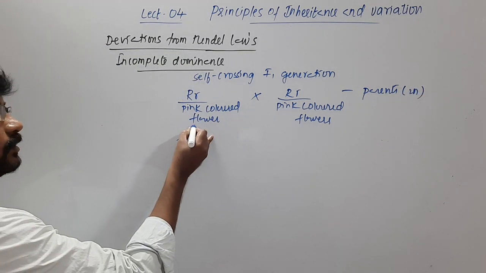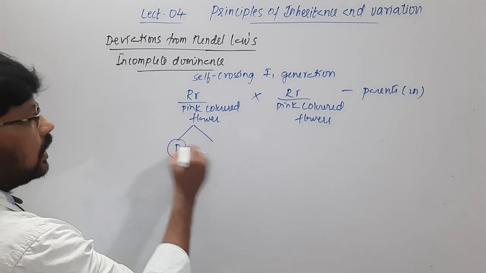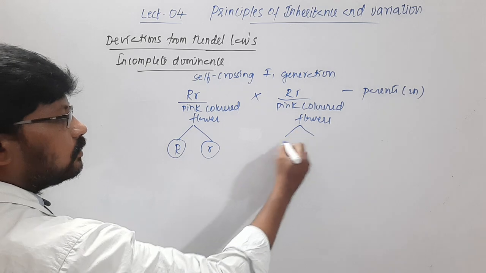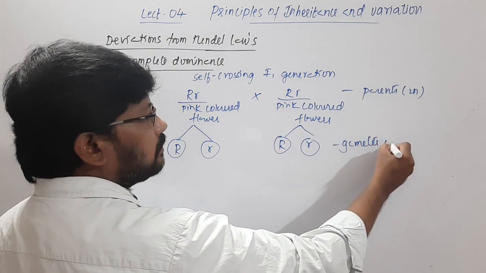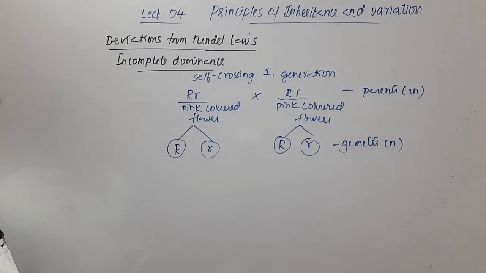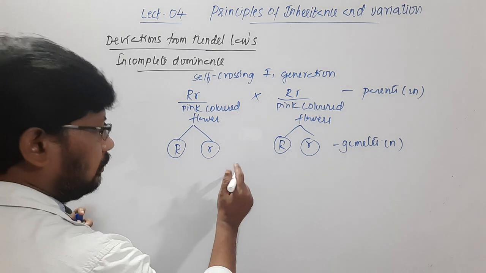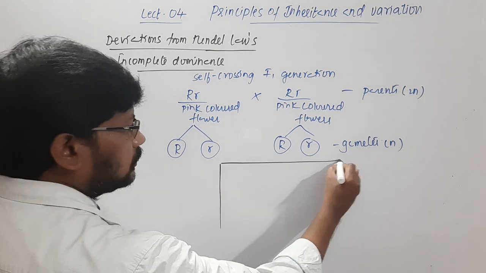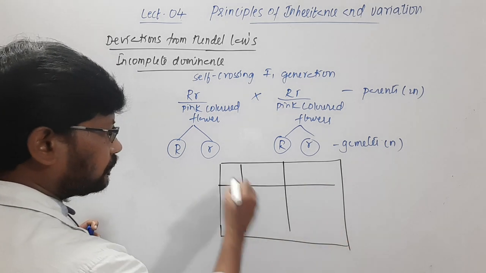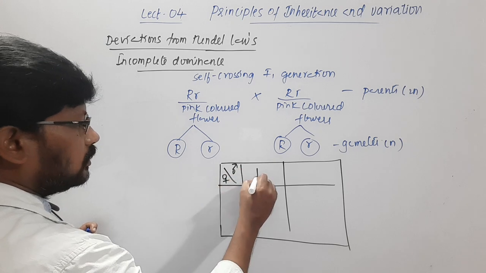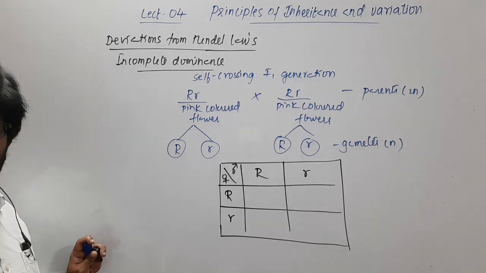Now we know it results in the formation of two types of gametes. So capital R, small r, and here also capital R, small r. So these are gametes, n. Now we will put it in a Punnett square, so it will be easy to understand. So capital R, small r on each side.